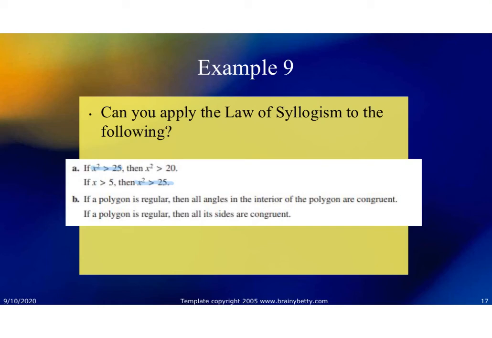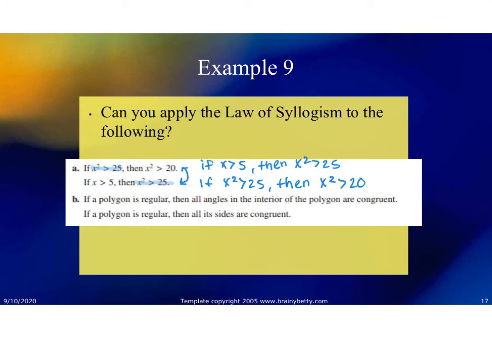So what they did here was they reversed them, okay? So they said that x squared greater than 25 was used as the hypothesis first and the conclusion second. You can just reverse these. So if x is greater than 5, then x squared greater than 25, and then put the other one on the bottom. If x squared greater than 25, then x squared greater than 20.